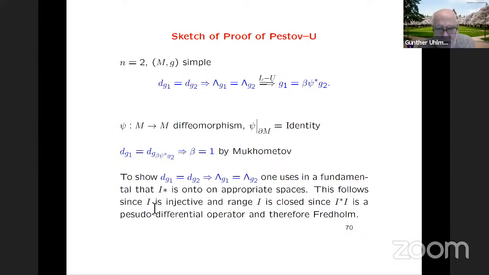And the range is closed because this is a pseudo-differential operator and therefore Fredholm. So the range is closed. And so this is very briefly the proof. Of course, there is a lot to prove here. I have not given the details of this. I just wanted to point out that these two problems that look very different, they are related.